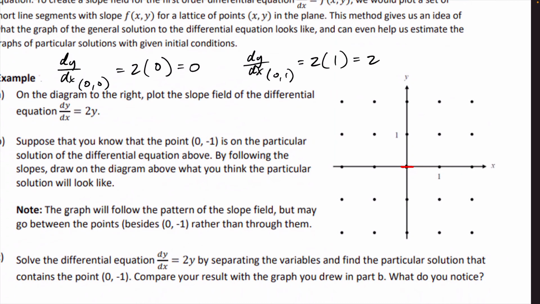So it would have a slope of 2. So at that point, I'm going to draw a little segment with a slope of 2, best I can. A slope of 2 means you got to go up 2 over 1. So it's got to have this direction. I'm going to draw a little segment with that direction best I can.